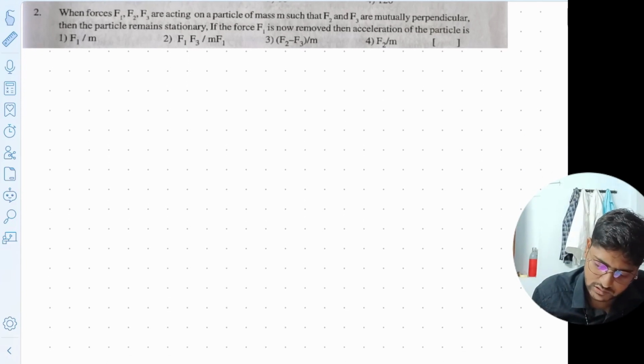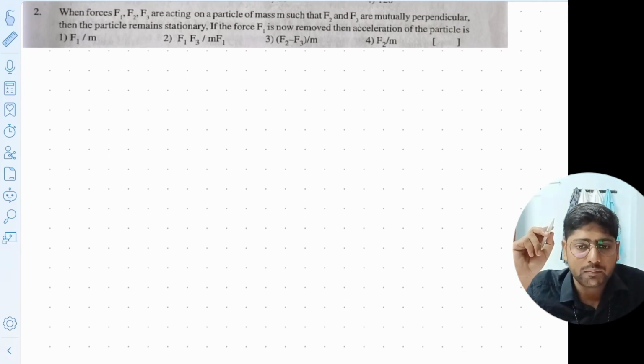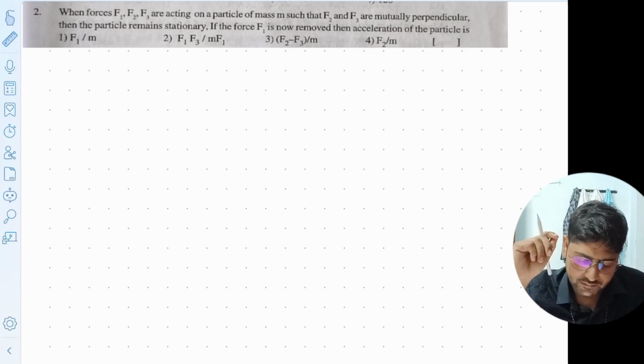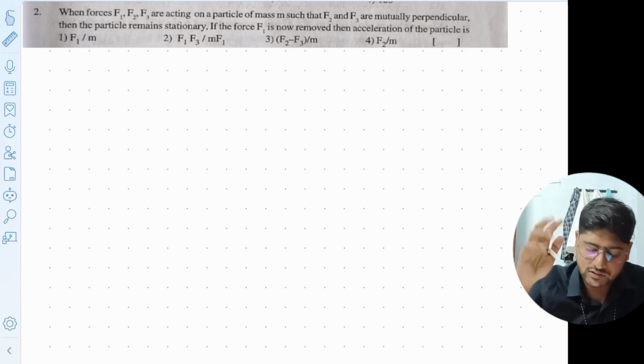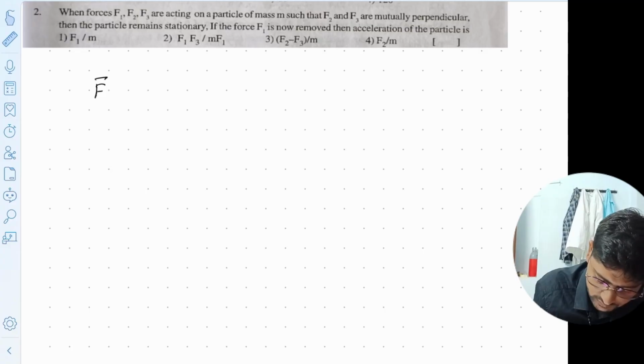Now we have to solve question number 2. Question number 2 is saying: when forces F1, F2, F3 are acting on a particle, if three forces are acting, the total force acting is F1 plus F2 plus F3.